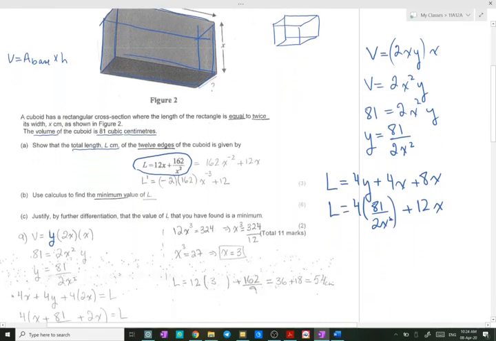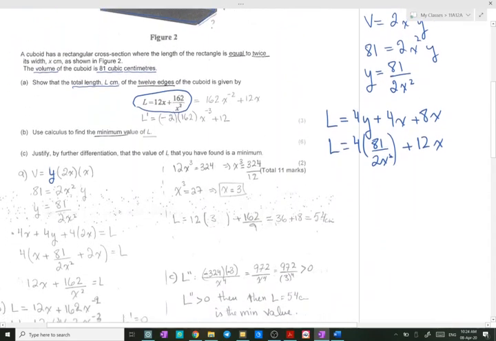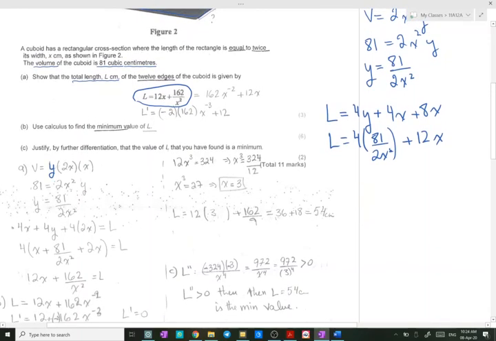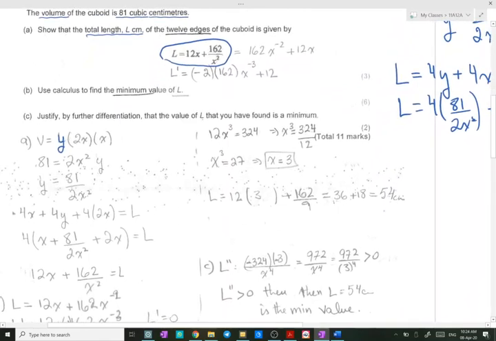And from here onwards, we use algebra. So here I factored the 4, because I have 4, 4, and 4. I factored the 4, and then I added these two up, and then I entered the 4 inside so that I make my algebra easier.